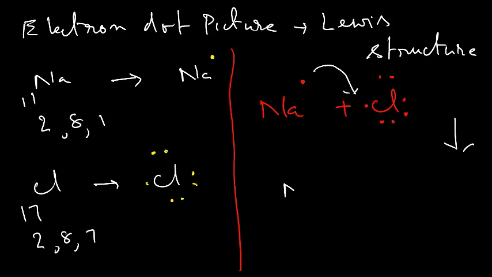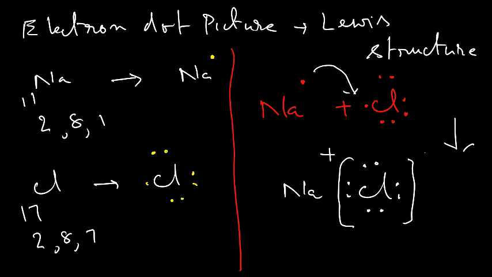Therefore, we get Na plus, which has 1 unit of positive charge. Chlorine has 1, 2, 3, 4, 5, 6. Previously, before taking the electron, it had 7 electrons, and after taking the electron, it has 8 electrons. As it has 1 unit of negative charge, we represent it in this manner. Therefore, this is the electron dot picture for sodium chloride.